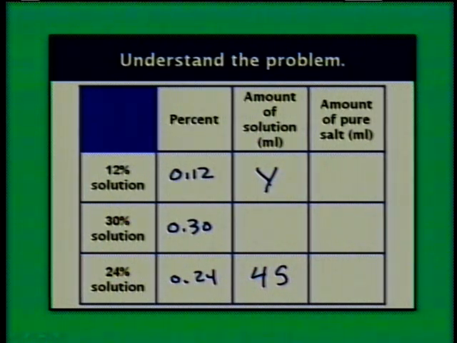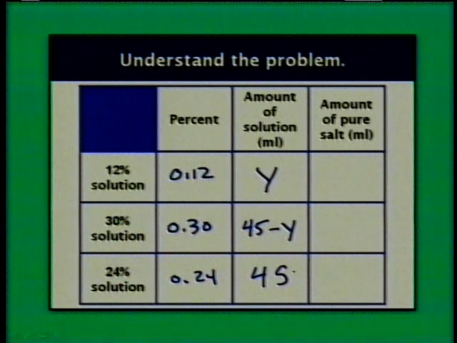Now the amount of 30% solution is unknown as well, but we do know that we need to end up with 45 milliliters. So the amount of 30% solution we need is going to be 45 milliliters minus the Y milliliters of 12% solution. Notice that the amounts of solutions add. Y plus 45 minus Y equals 45.